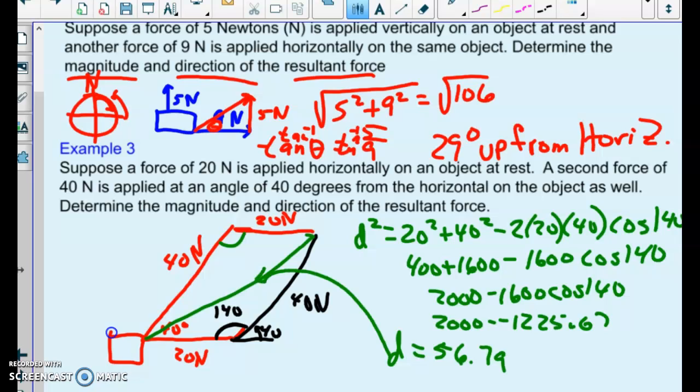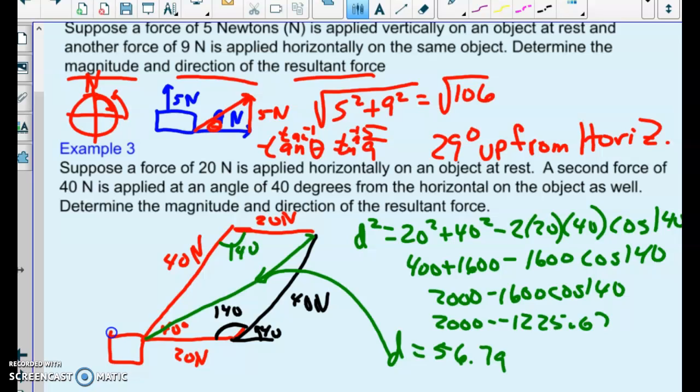And our direction we need to find, and to do that I think we're going to need to use the law of sines. So to use the law of sines, this is 140.